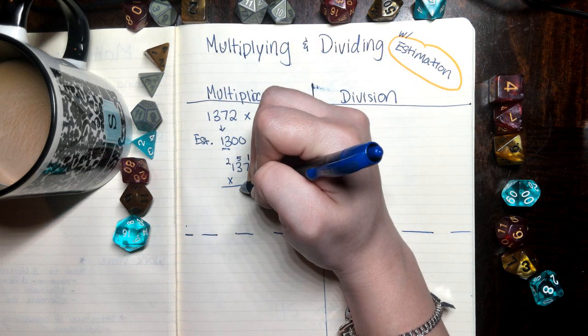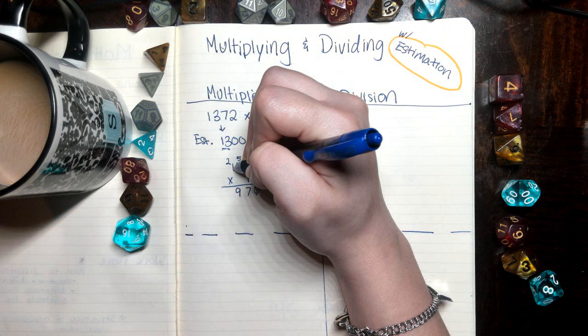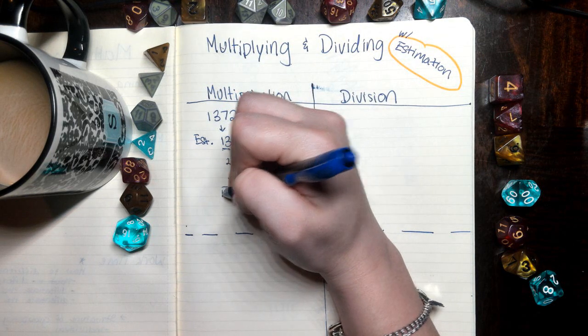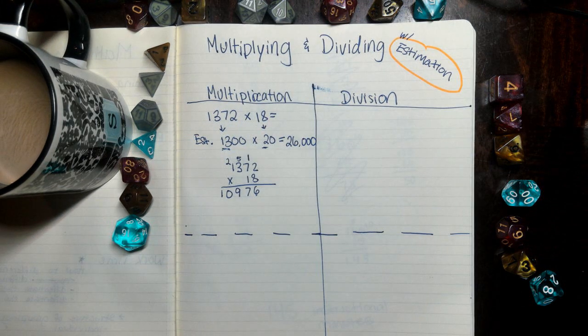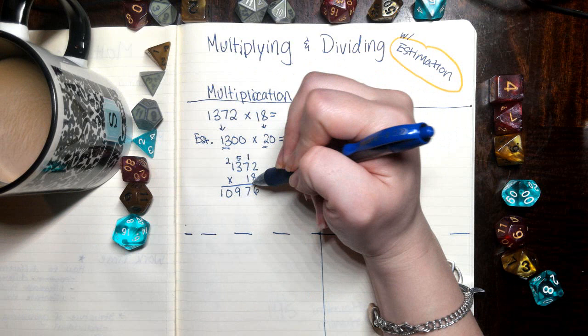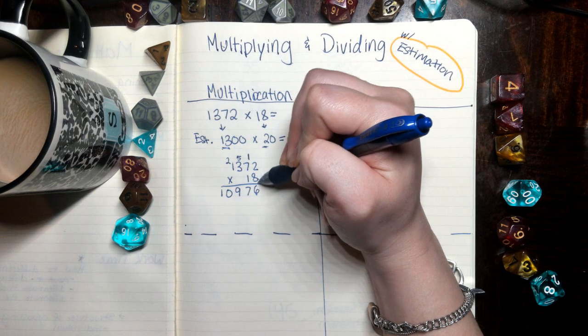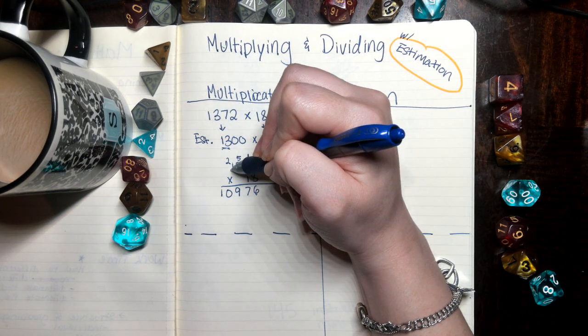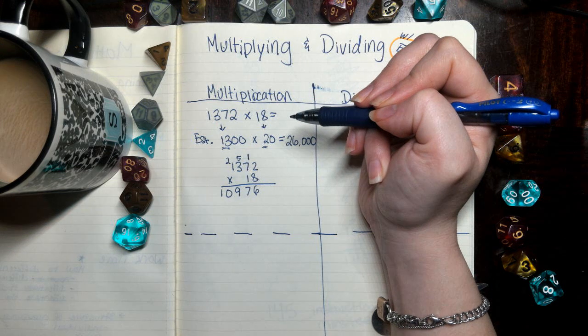Carry the 2, drop the 9. 8 times 1 plus 2 is 10. So we have our first row done. And what this row, this 10,976 is, it's the ones place 8, just the single 8, times 1,372.